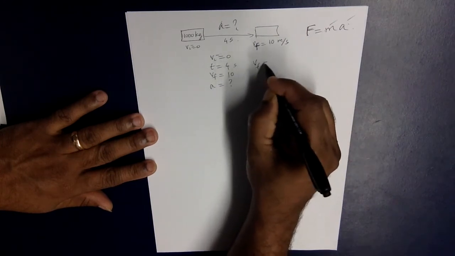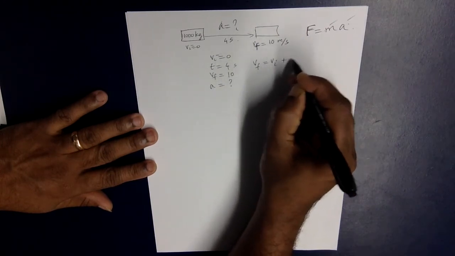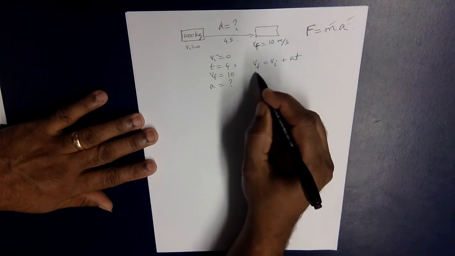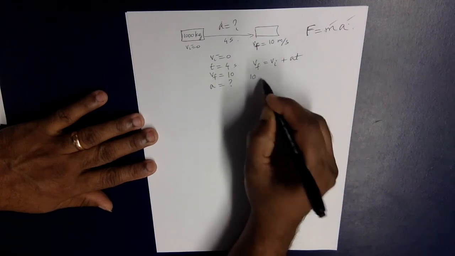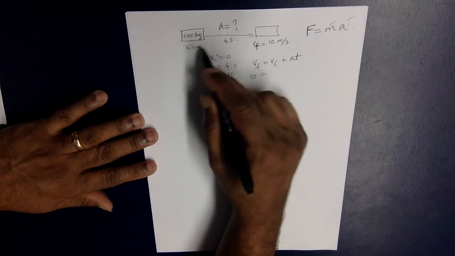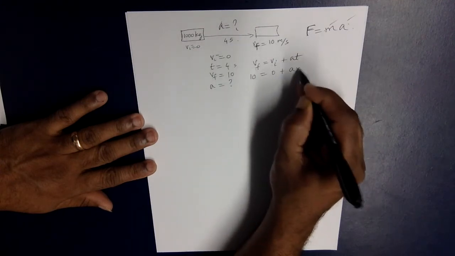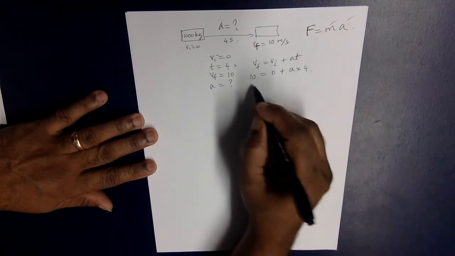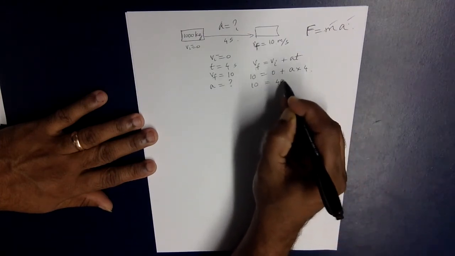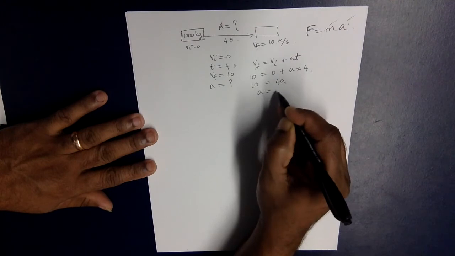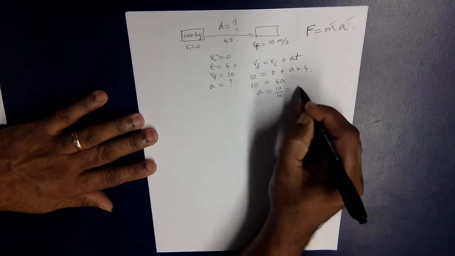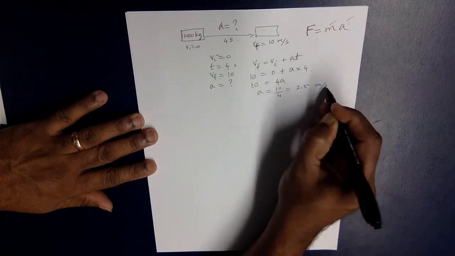So the equation which does not have displacement is this one. Just write it down and put all those things in. 10 is equal to Vi, 0, plus acceleration times 4. So 10 is equal to 4a. So a is 10 divided by 4, which is 2.5 meters per second squared.